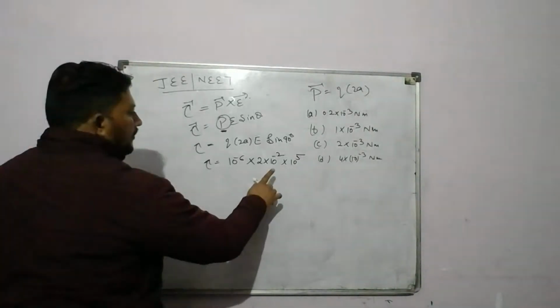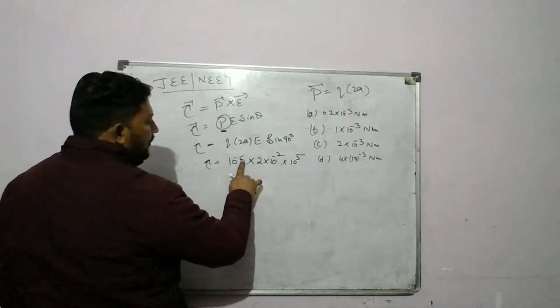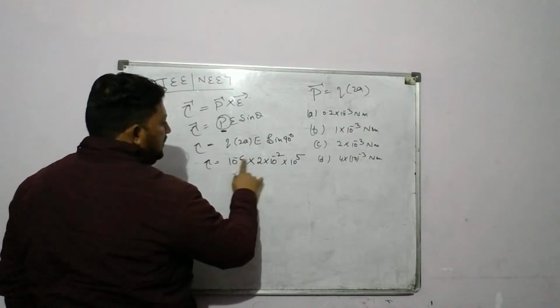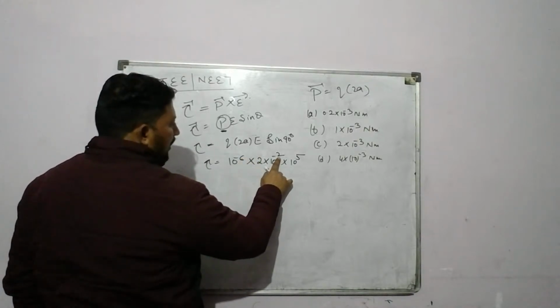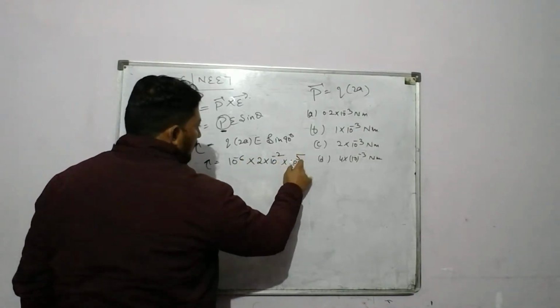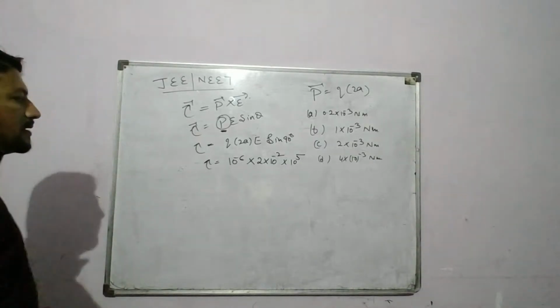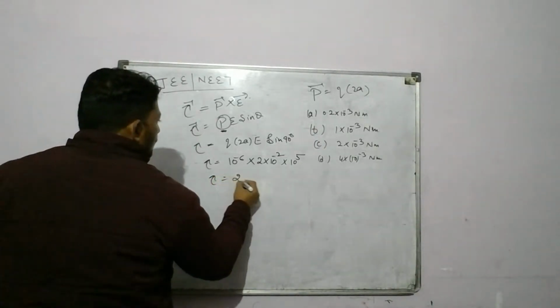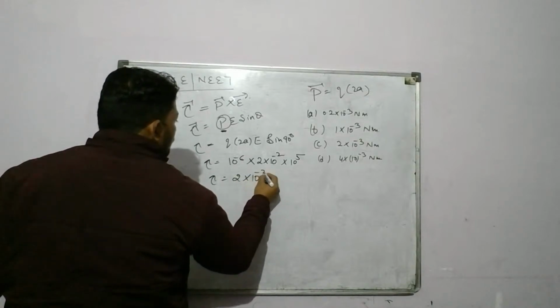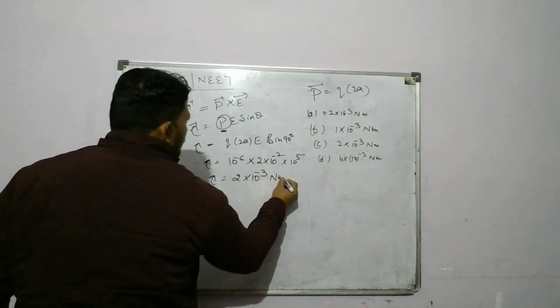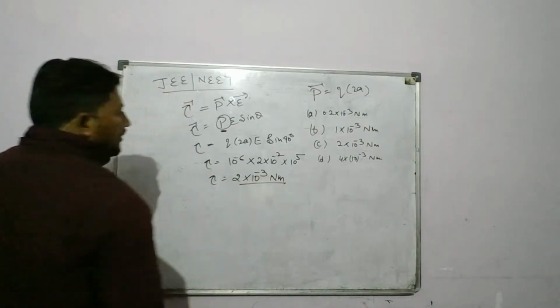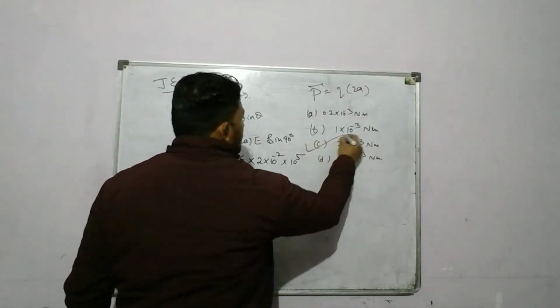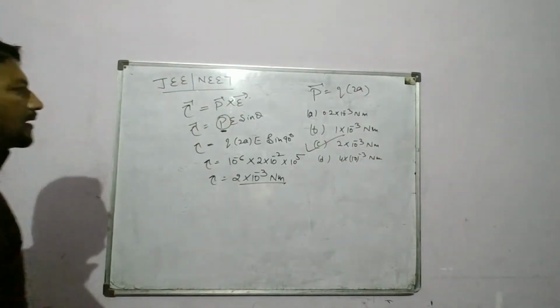So 6 plus 2 is 8, and 8 minus 5 means 3. So torque is equal to 2 into 10 raised to power minus 3 Newton into meter. It means the C option is the right answer.